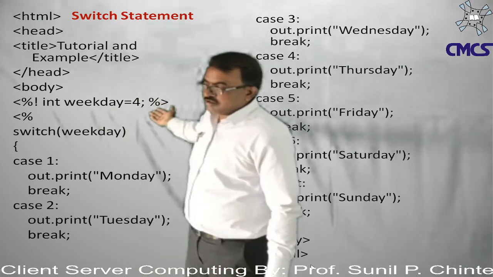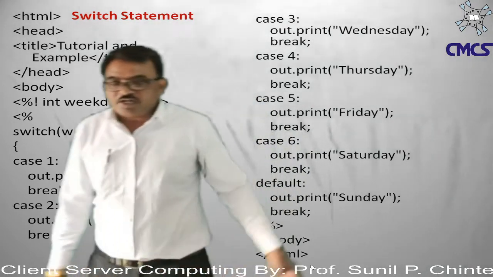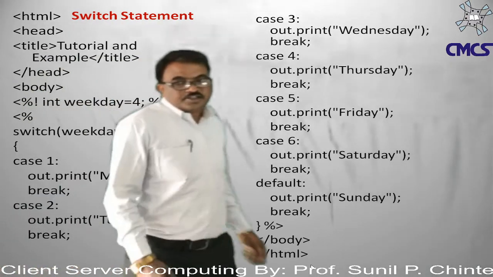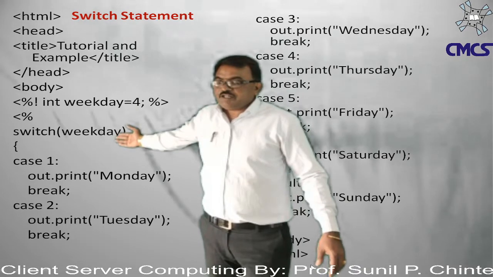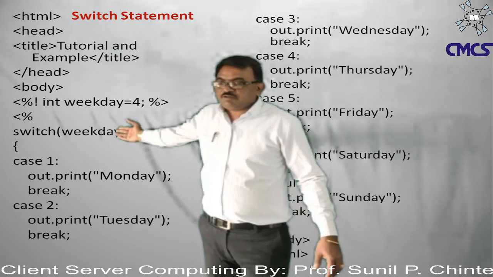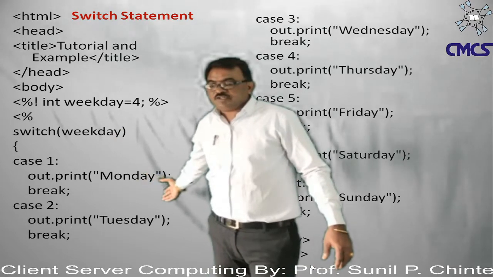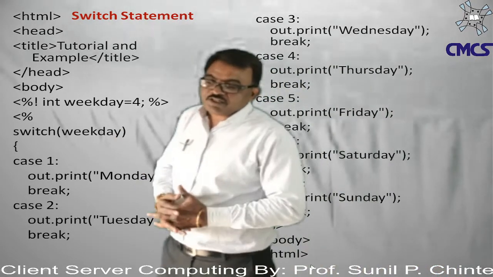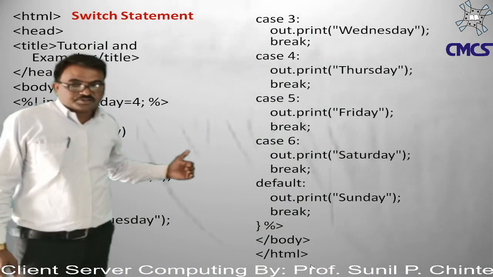Then I have used the switch case. In the switch block I have mentioned the test expression, which is the variable, whose value is actually 4. Here I have mentioned the different cases: case 1, case 2, case 3, case 4, case 5, case 6, and lastly the default case.